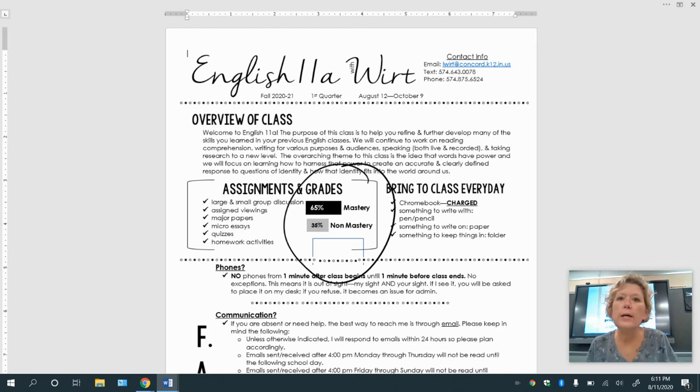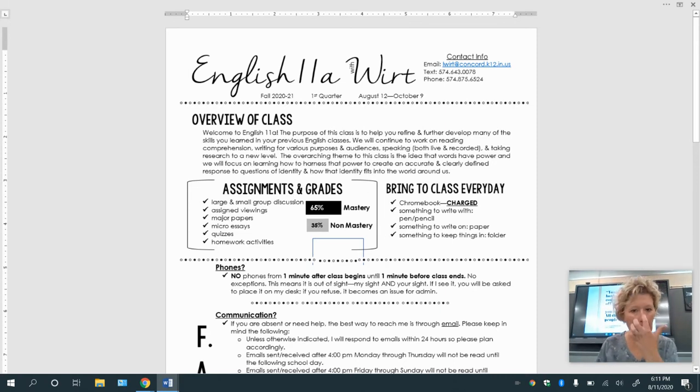When you do an expository speech, that grade will be 65%. But all of the stuff that led up to it will be non-mastery and only worth 35% of your grade.